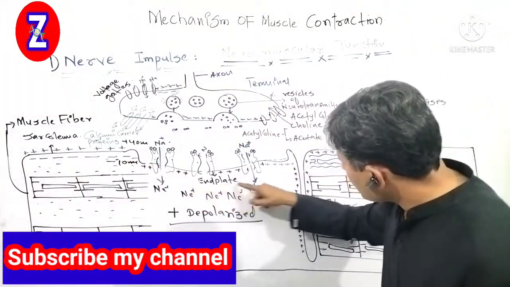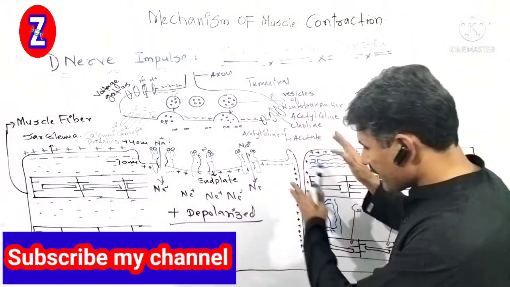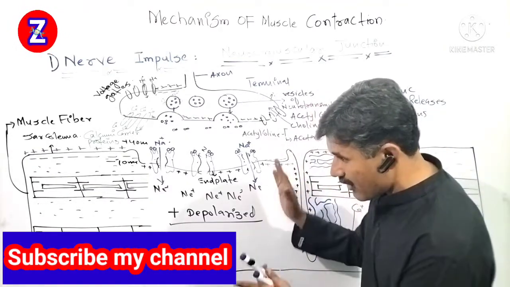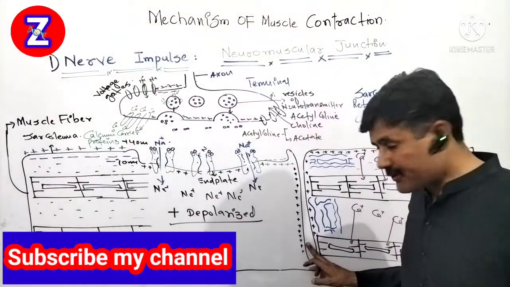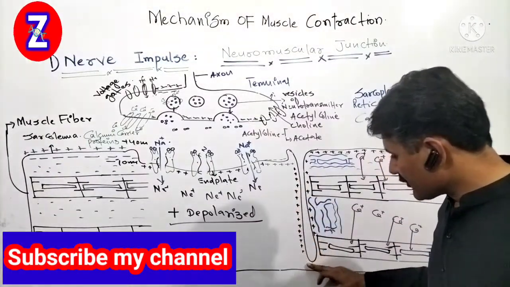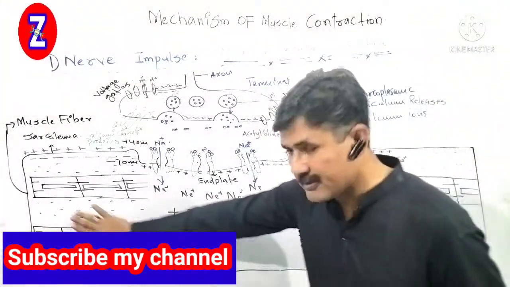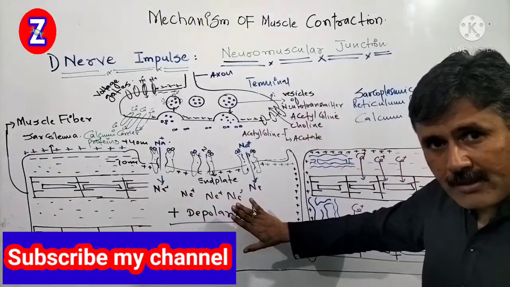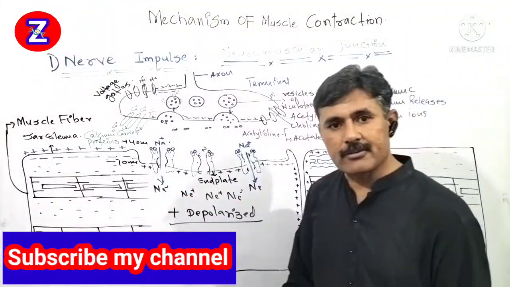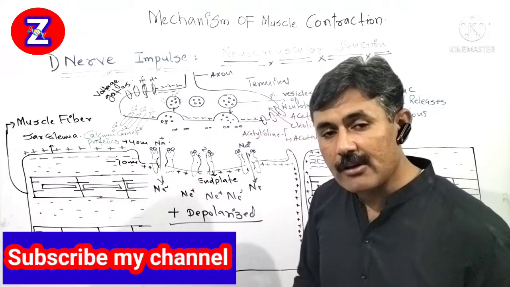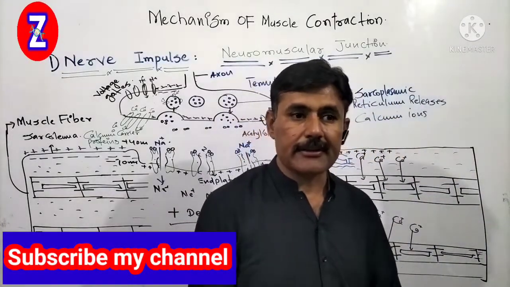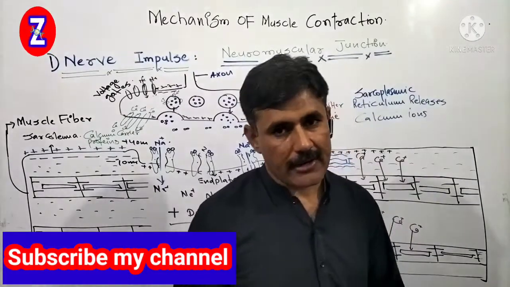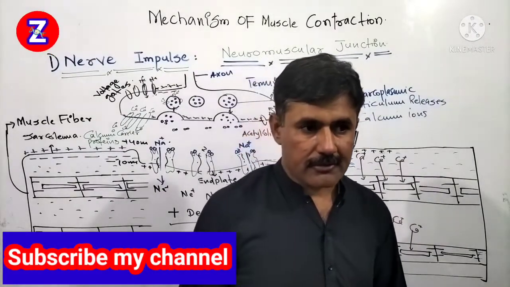And this depolarization will now travel onward, and in order to spread throughout the muscle fiber, it will also reach the transverse tubules, and the transverse tubules would carry this depolarization to the whole muscle fiber. And as this nerve impulse or depolarization reaches the whole muscle fiber, it will start leading to the other events required for muscle contraction.